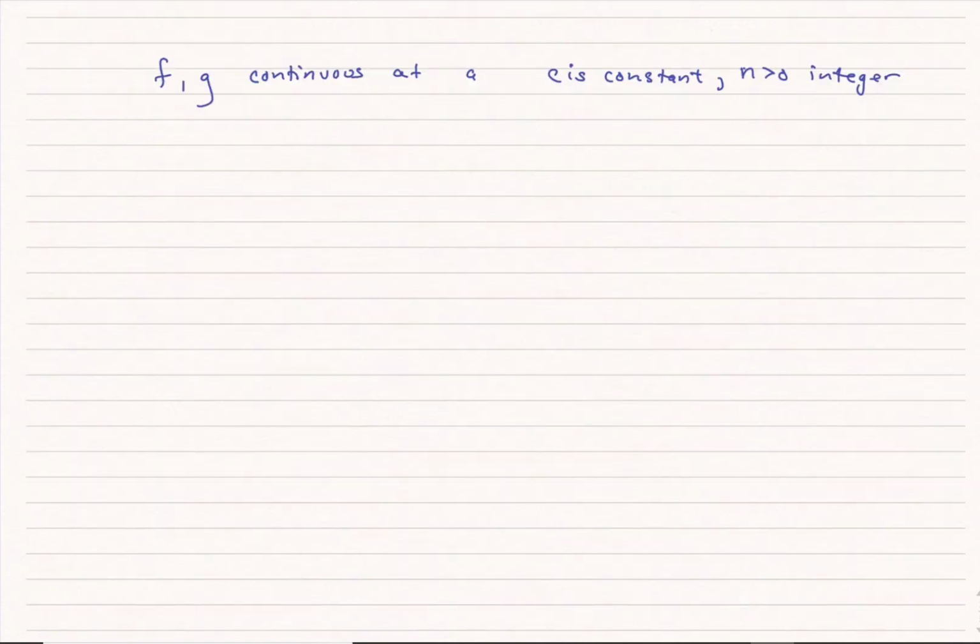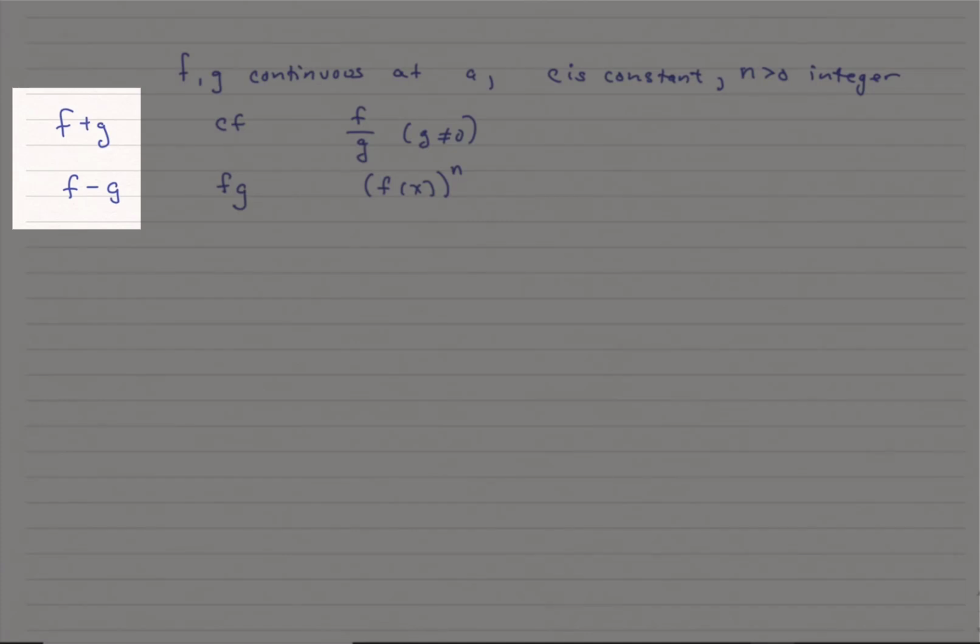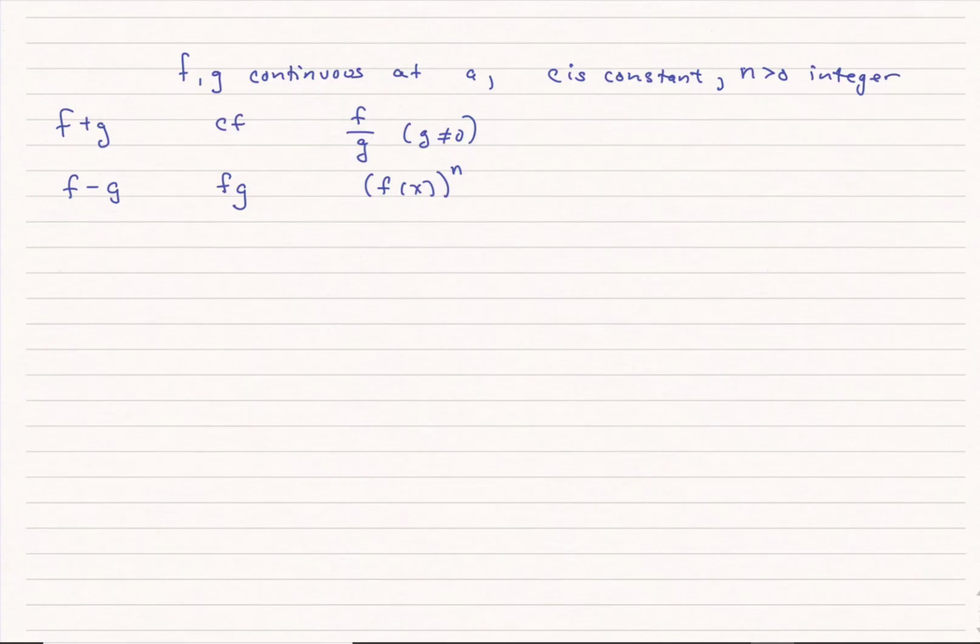I'm going to come up with some rules about functions in general. First of all, I'm going to say that f and g are both continuous at a, c is a constant, and n is greater than 0 and is an integer. If I can say that, then I can also say the following. If I know that f and g are both continuous at a, then adding them together or subtracting them, those are also going to be continuous functions. So f plus g will be continuous and f minus g will be continuous.